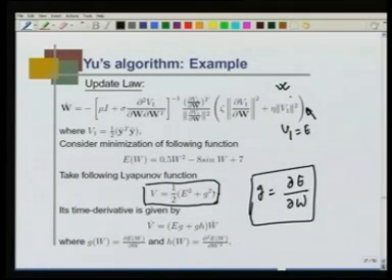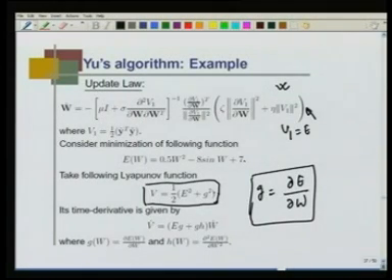But unfortunately, this cannot be implemented in real time, because again the Hessian matrix problem is there.